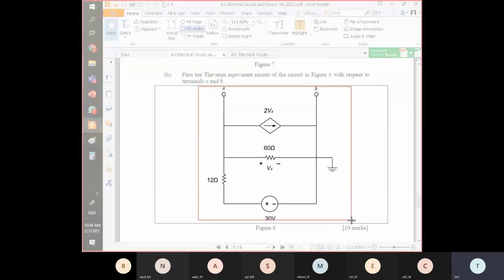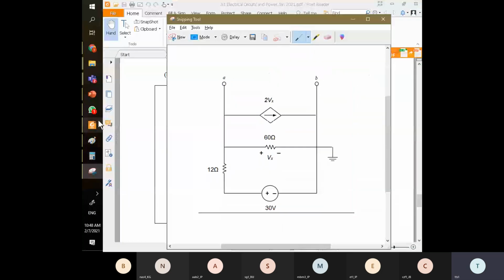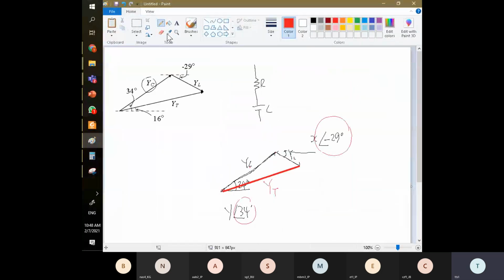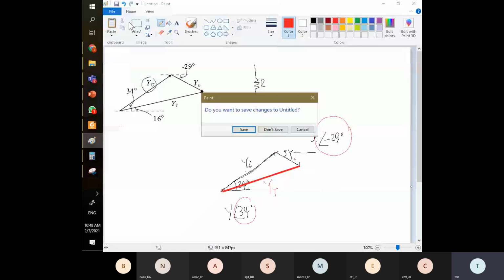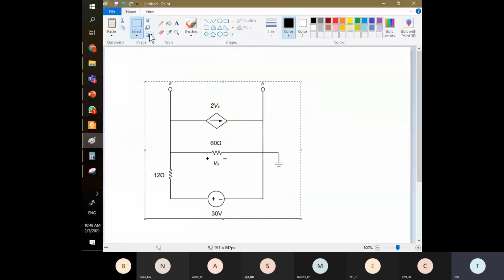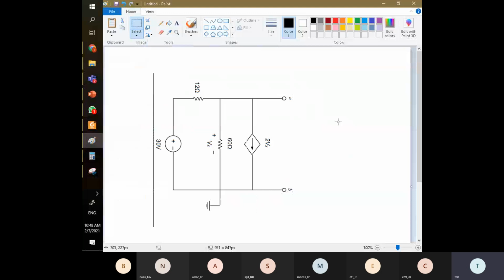Probably you feel confident after you rotate 90 degrees. So here's 0 volt, here 60 volt, 30 volt. Here's your output. Sometimes you need to do this, okay? Rotate 90 degrees, so here's 0 volt here.